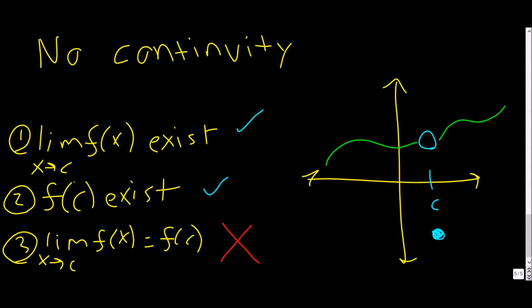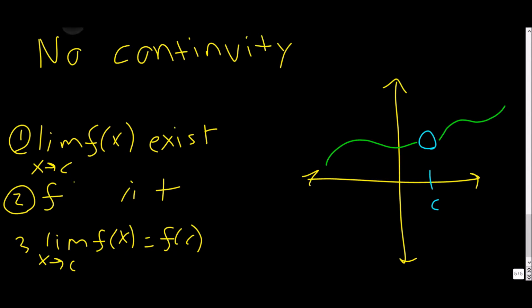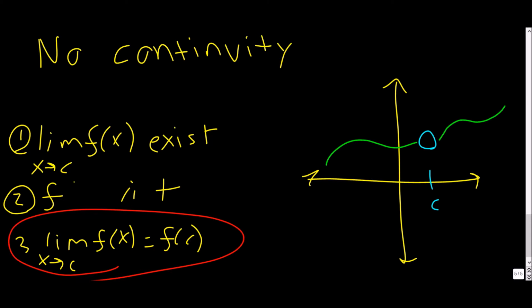This is really what it comes down to. We're really looking for that to exist. If for some reason that doesn't happen, they go to different places, or the function doesn't exist at a place, then we're not going to have continuity. So just having the value isn't good enough, but the limit has to approach the same place.